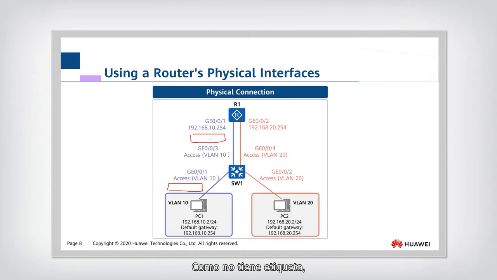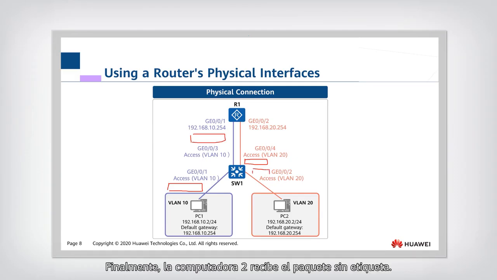And then because there's no tag, they can be transmitted through this cable until the interface of switch 1. Within switch 1, they have the tag in it, and when they transmit out, the tag is deleted again.